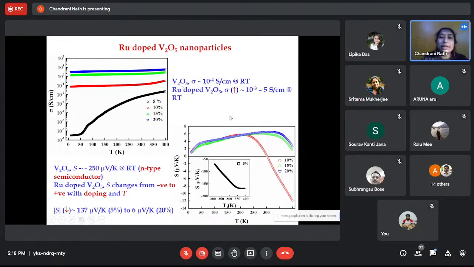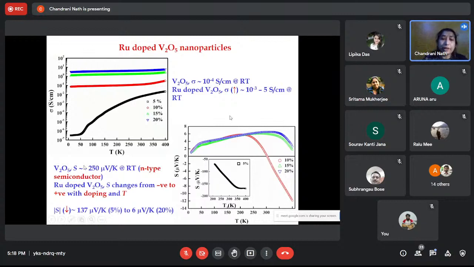V2O5 has a typical conductivity at room temperature of about 10⁻⁴ Siemens per centimeter. But for ruthenium-doped V2O5, we could successfully increase its sigma value to close to 5 Siemens per centimeter for the highest concentration of ruthenium, that is 20%.